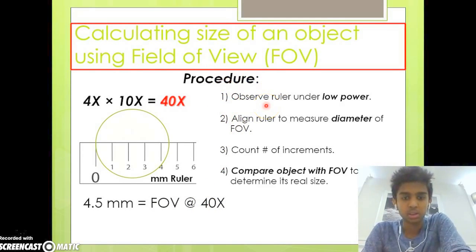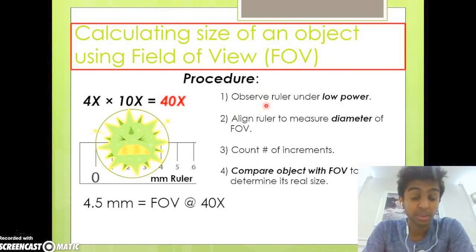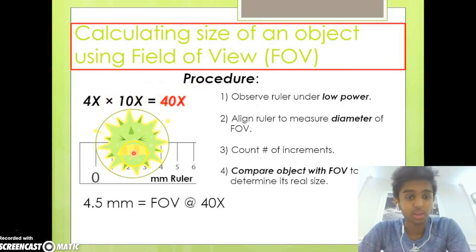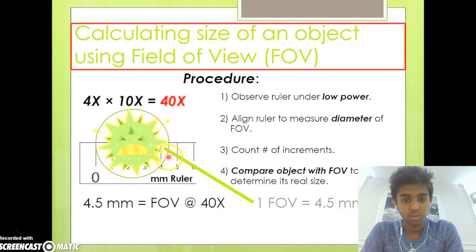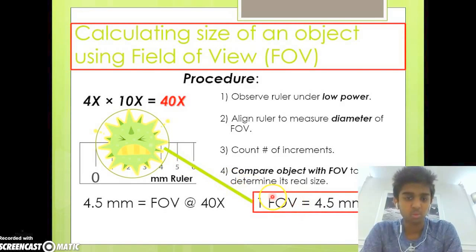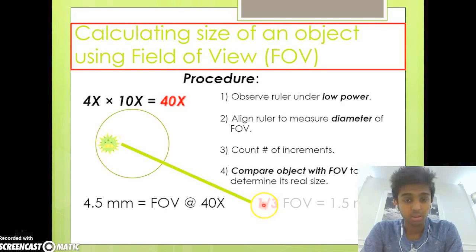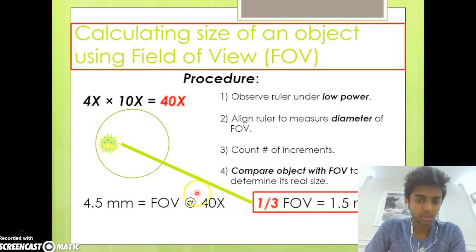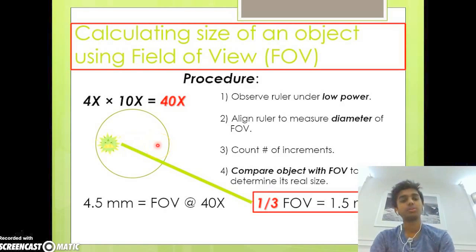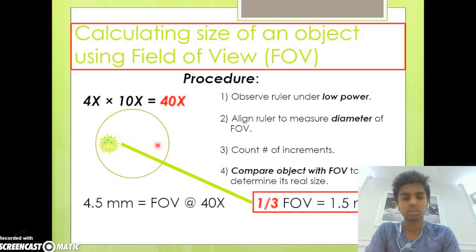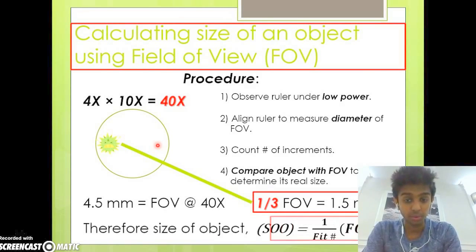Now we go on to count the number of increments, so how many times this little cell-type object can fit. One field of view is 4.5, and the cell fits 3 times, because one cell can fit here, one here, and one here. Because the cell fits 3 times, it's 1/3 of the field of view, which is 1.5.